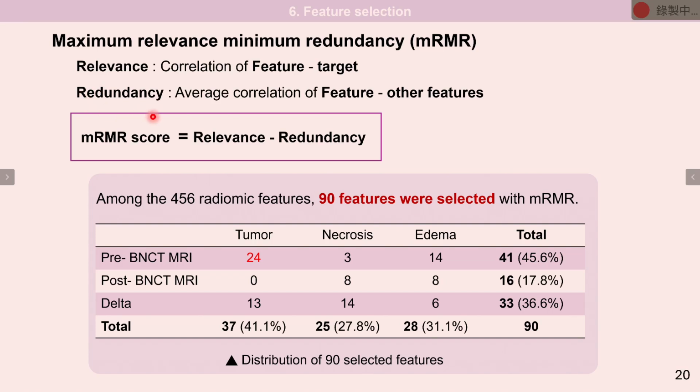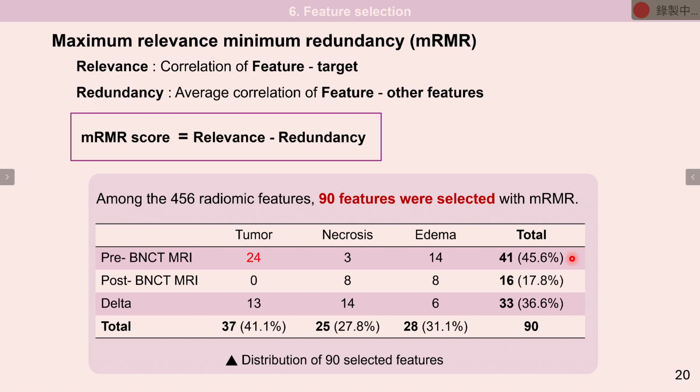This method uses the mRMR score to quantify feature importance by subtracting the redundancy from the relevance. And with this method, 19 features were selected. And if we look into the distribution of the selected features, we find that around 46% were extracted from pre-BNCT MRI, especially in the tumor region.